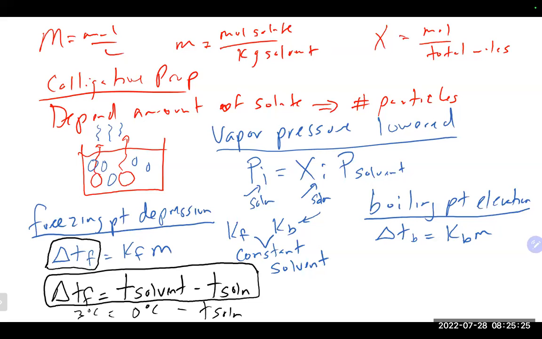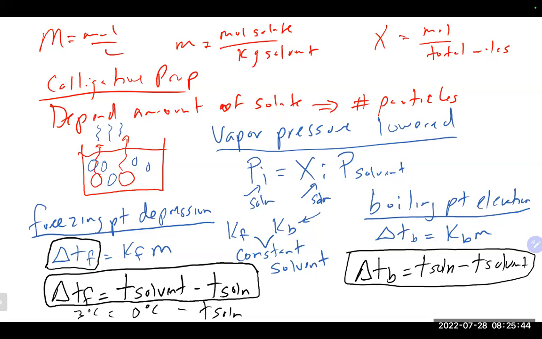It's a little different for boiling point elevation because the boiling point of the solution is larger, it goes up. It is higher than that of the pure solvent. The change in boiling point temperature is the temperature of the solution minus the temperature of the solvent. This once again will give you the correct way of getting to the answer.